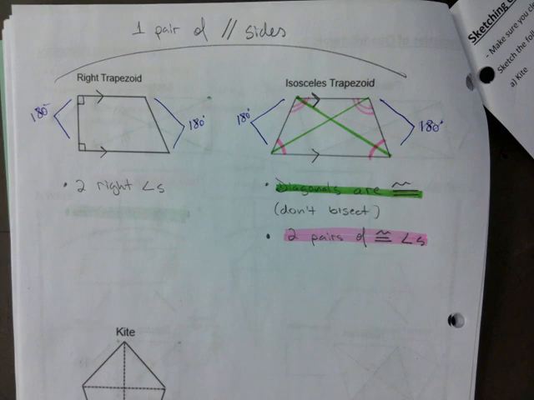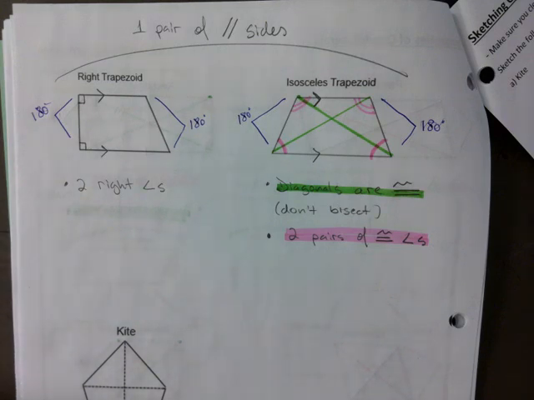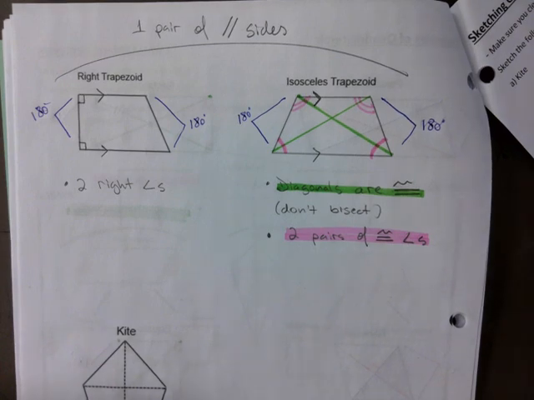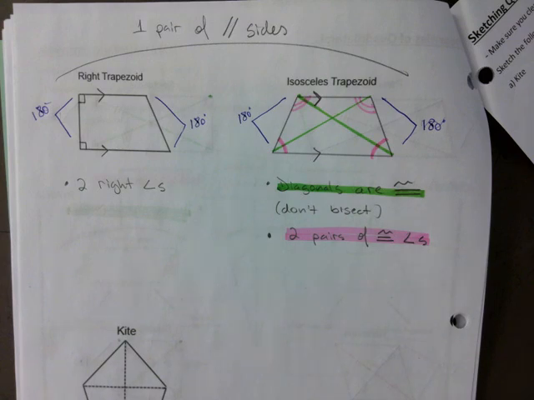Every single shape except for the kite, you can use this with. They mean business.